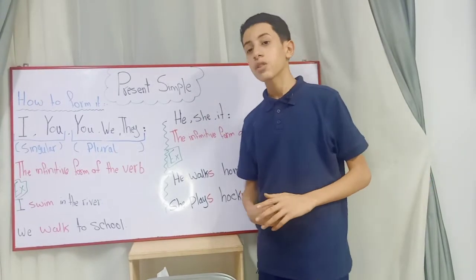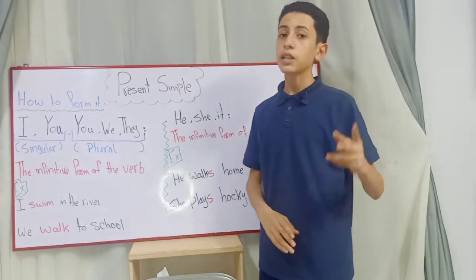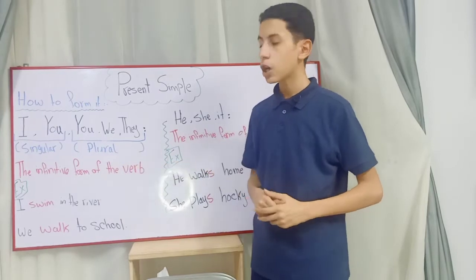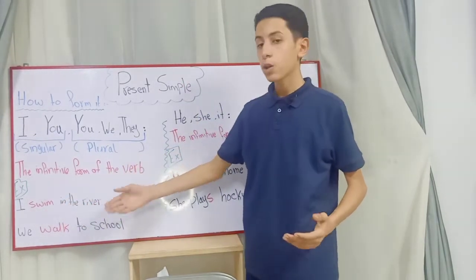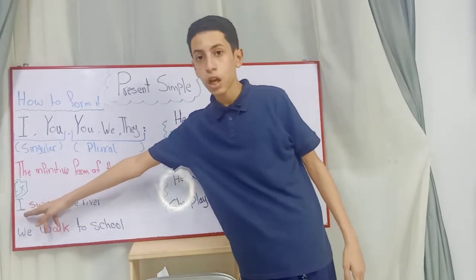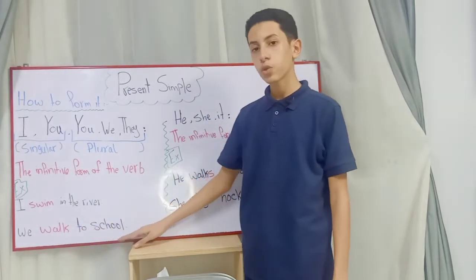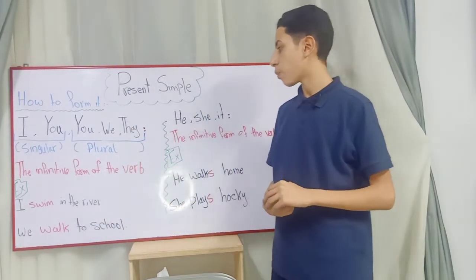In the first part there is a singular and a plural, and in both of them we put the infinitive form of the verb. For example, I swim in the river, where we used a singular pronoun, and the second example, we walk to school, where we used a plural pronoun.